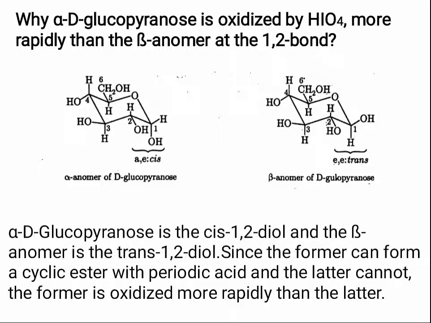So periodic acid can oxidize both the cis and trans diol, but as this alpha D glucopyranoside has the cis diol, this will be faster. Since the former can form a cyclic ester with periodic acid and the latter cannot, the former is oxidized more rapidly than the latter. So because of this, as these two are in the cis position, one is axial and in case of 2, this is equatorial. So these cis diols give a faster reaction.